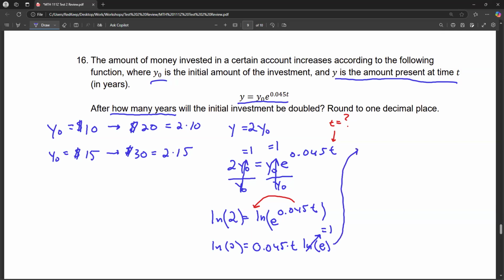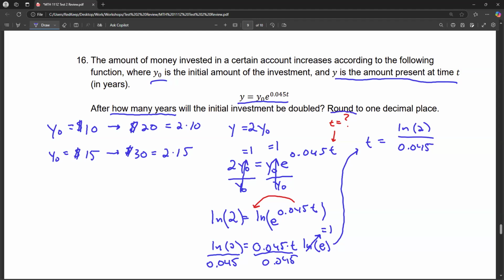So let's say t is equal to, we're going to divide both sides by 0.045. That means I have to divide this side by 0.045. And so t is equal to the natural log of 2 divided by 0.045.